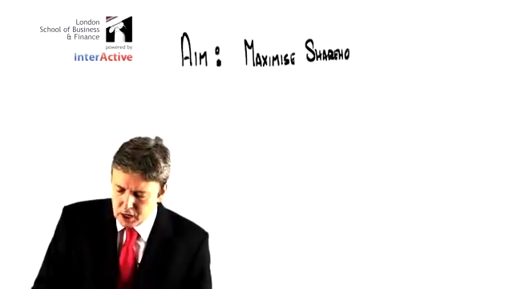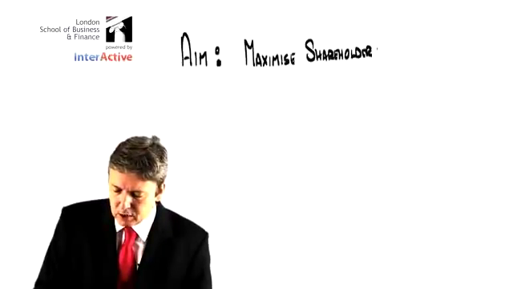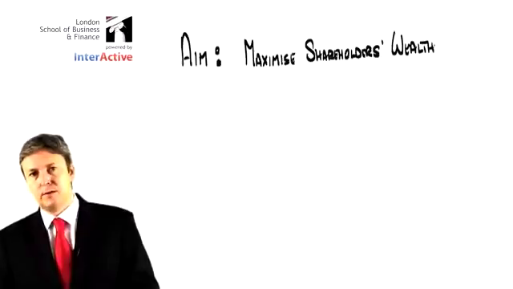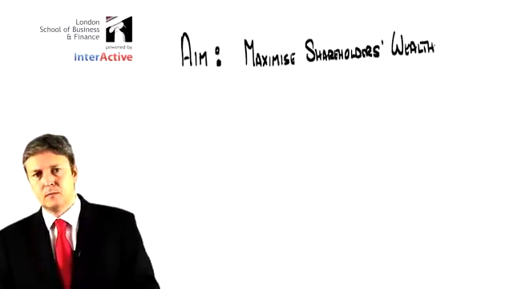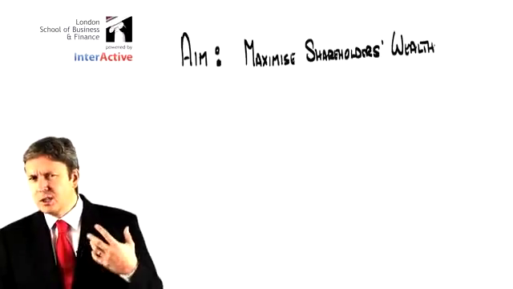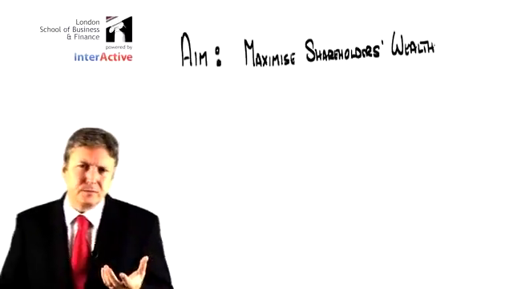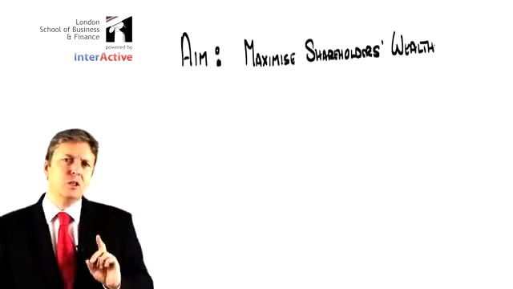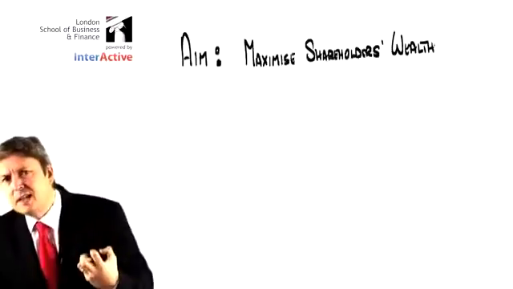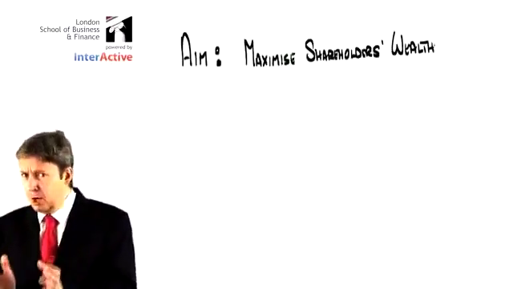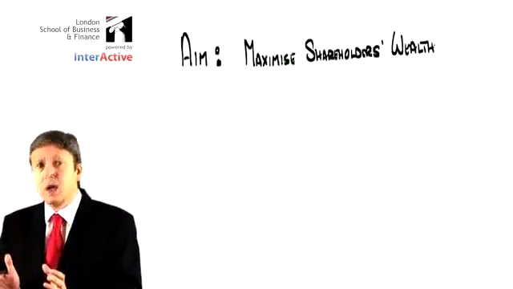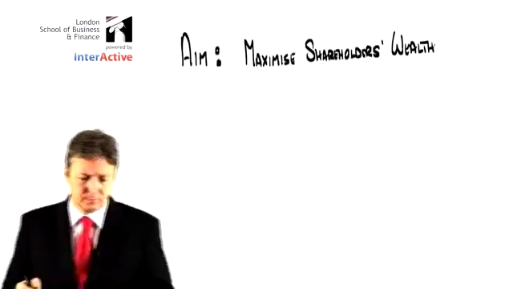We consider the shareholder to be the key stakeholder, and as such, our aim is to maximize their wealth. The issue is, what does it mean? What is wealth? Well, maybe what we could do is start with the basic sort of aim that I think most of us have taken on up until this point.